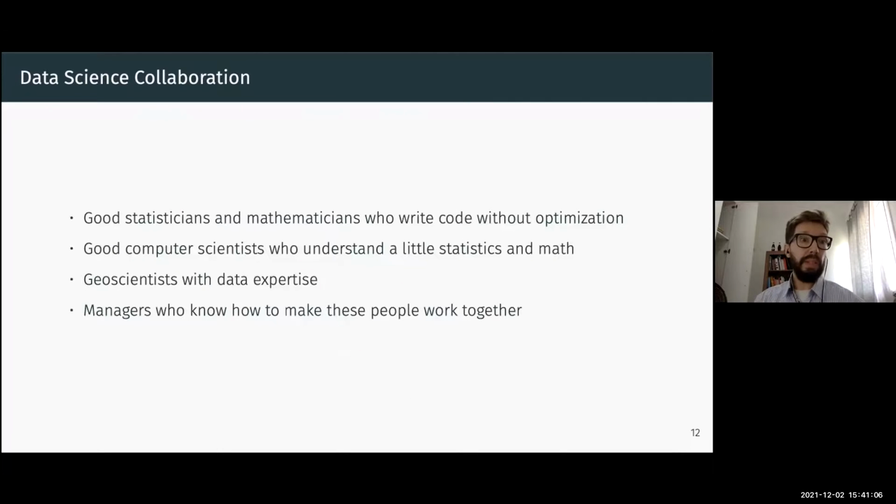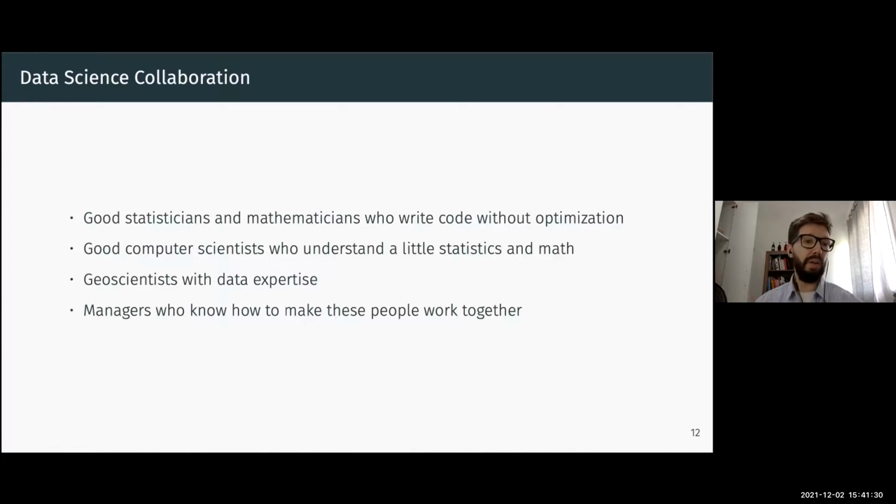Another reason why data science collaboration is important is because, for example, I am a statistician, and I can write code, I can program, but my code is written without optimization. It doesn't have the most performance it can have.